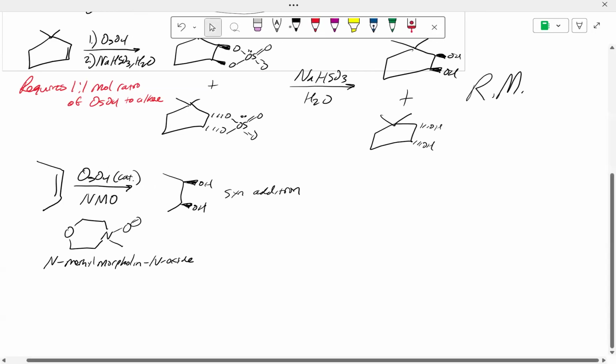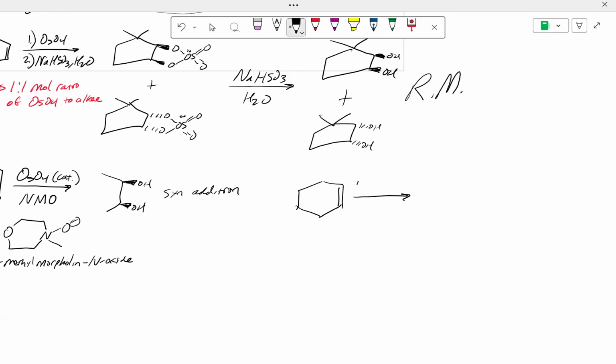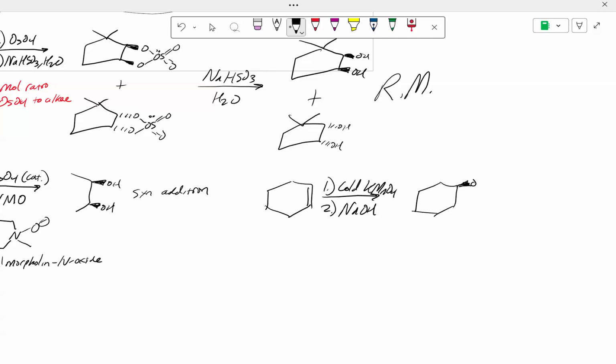And one other alternative, if you don't want to use osmium tetroxide at all, is to do the reaction in cold temperatures with potassium permanganate, and then the second step of aqueous sodium hydroxide. That helps us to avoid using osmium tetroxide.